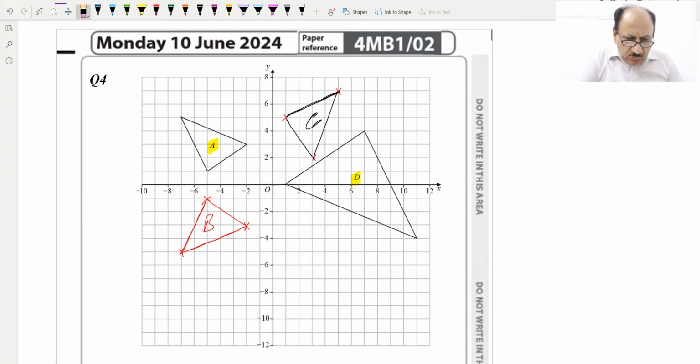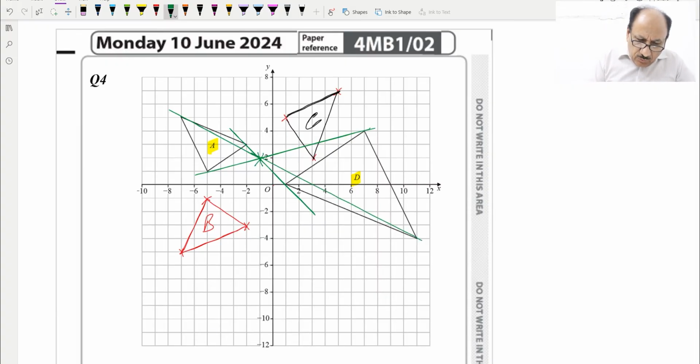Respective vertices we will be joining, like this vertex we can join like this, and these two vertices are respective vertices which we can join, and the third vertex also we can join, which will also be passing through this one, and if we draw properly this will be the line.